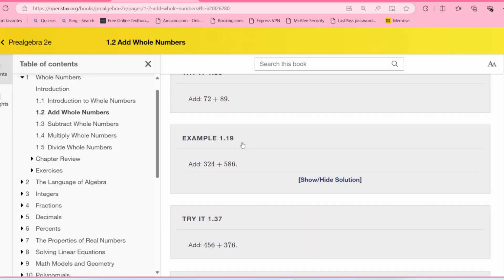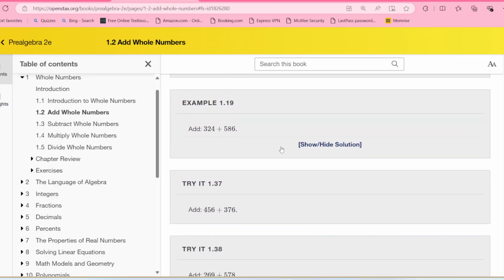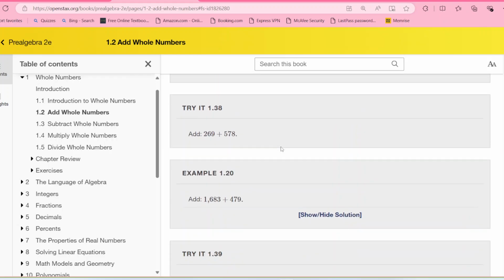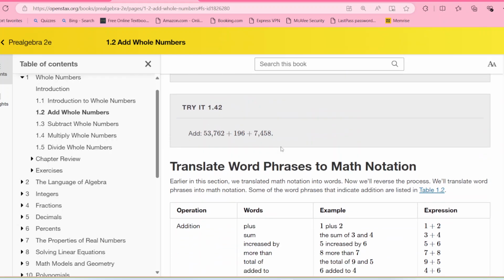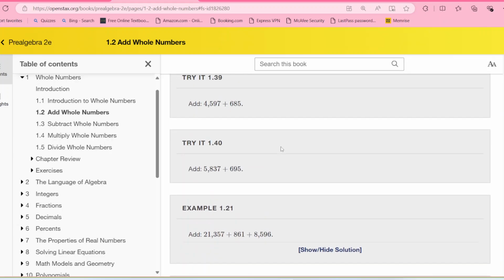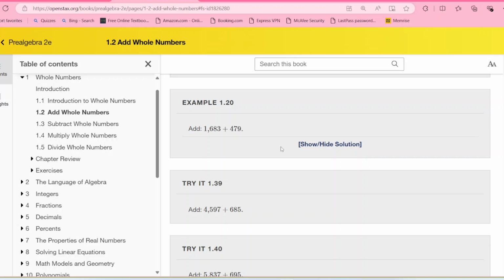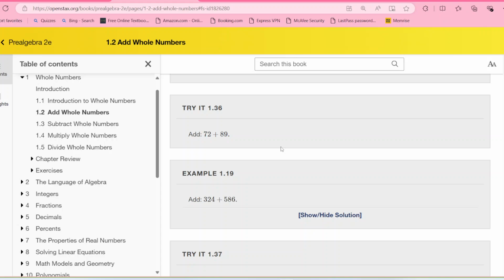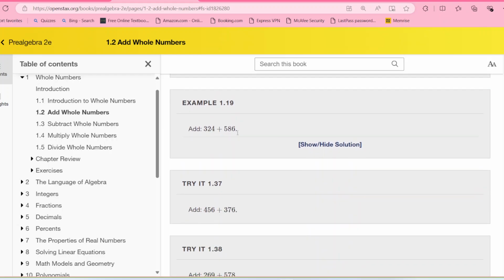All right, then the next example, they bump it up a bit. And you'll notice the rest of the examples and try-its are all just a bunch of adding. So they add just 2 addends for a while. So example 1.19, you see that the addends both have now 3 digits in them.